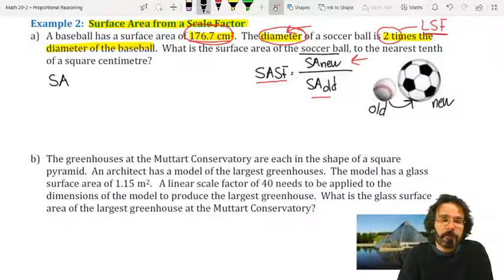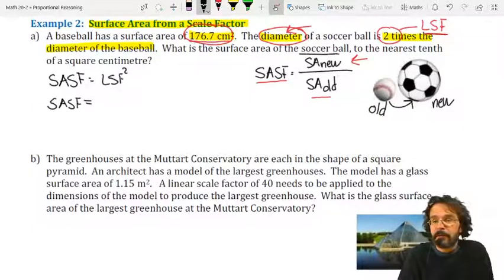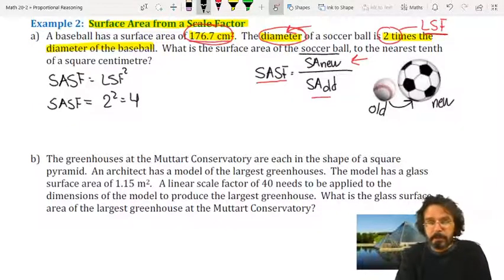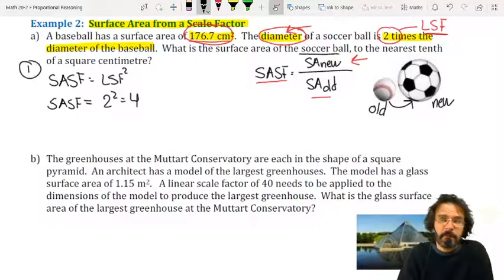The surface area scale factor is just the linear scale factor squared. So we plug in our linear scale factor, 2 squared, which means our surface area scale factor is going to be 4. That's step number 1.